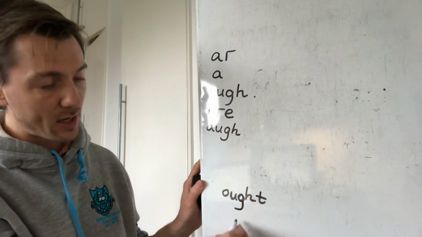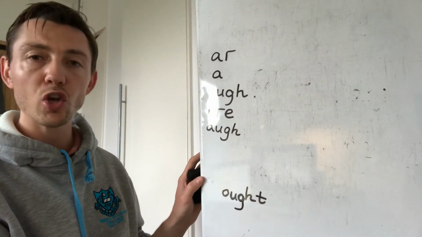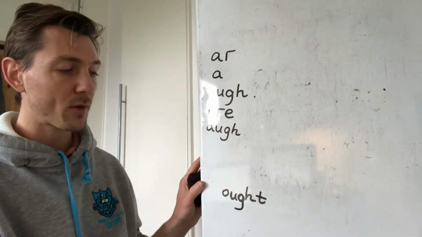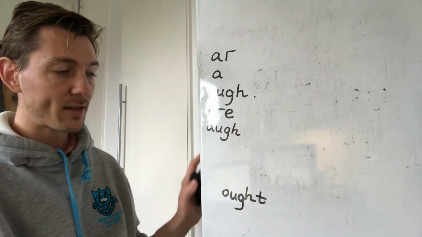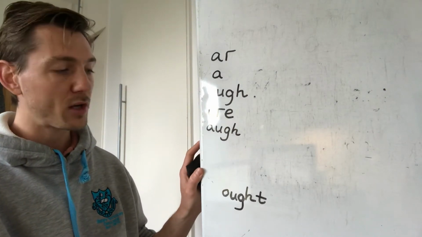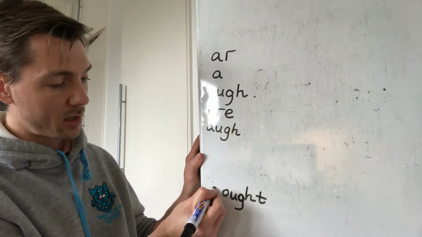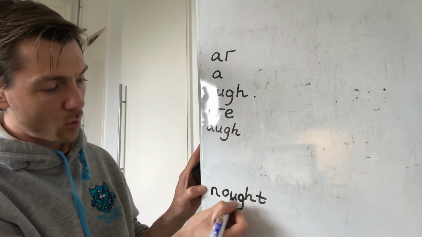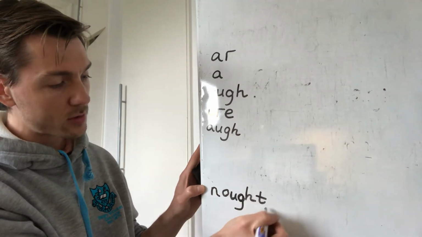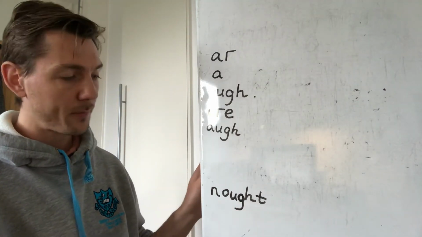Now can you change that word into the word naught, as in 0? What sound would you need to add to create the word naught? And we need an n here, don't we? Naught. Okay?